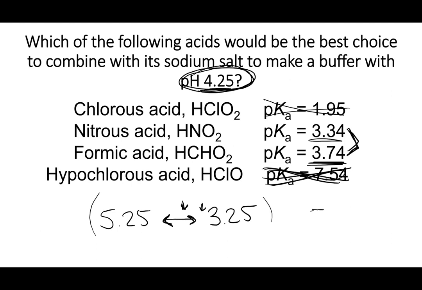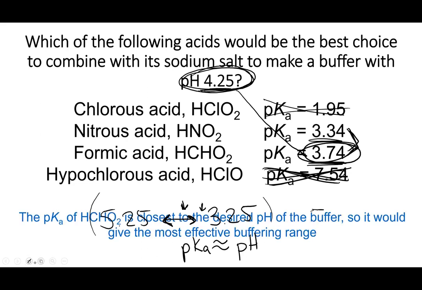So how do we pick the one that would be the best? Well, we want to pick the one that has the pKa that's the closest to the pH that we're dealing with. So in this case, 3.74 is closer to that 4.25.